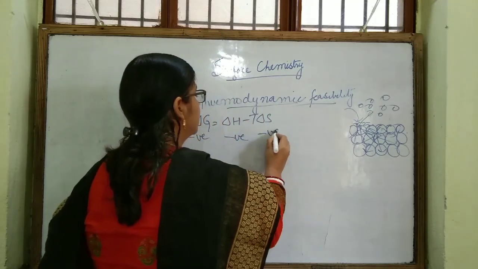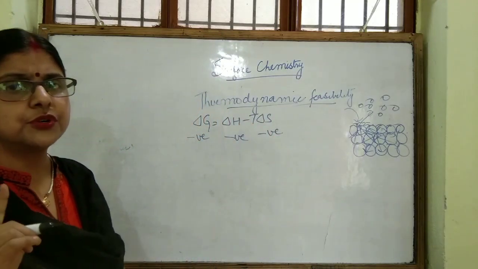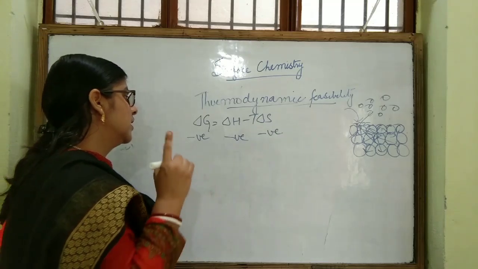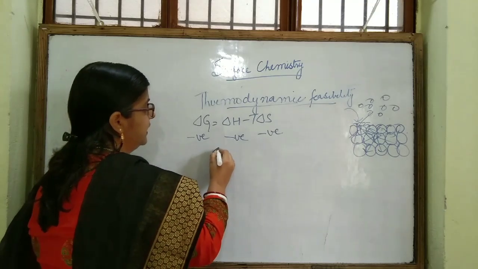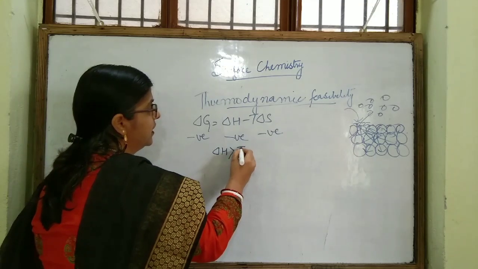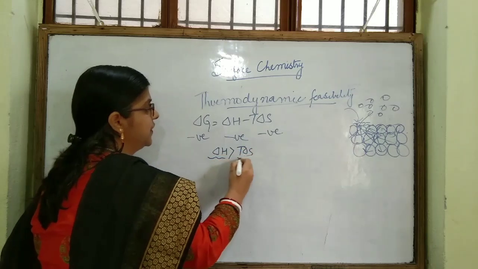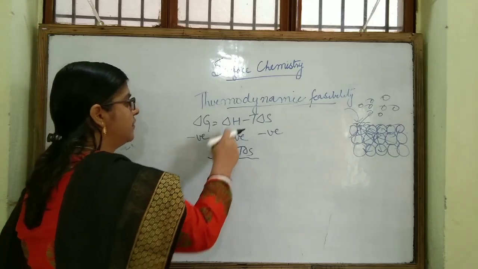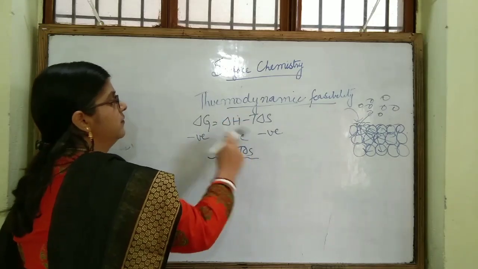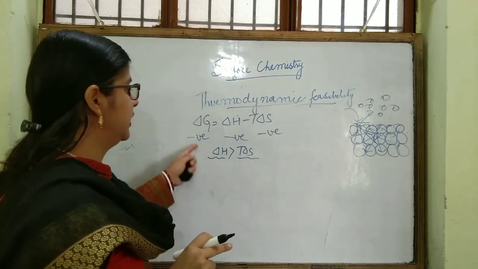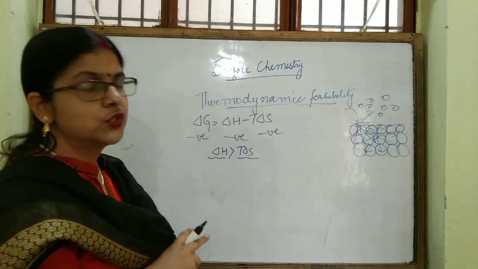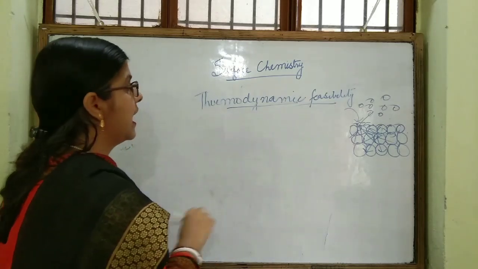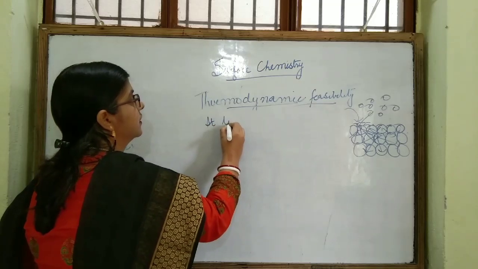We should always remember that delta G will be negative whenever the magnitude of delta H is more than the magnitude of T delta S. Only then will we get delta G negative, so the reaction is spontaneous at low temperature.